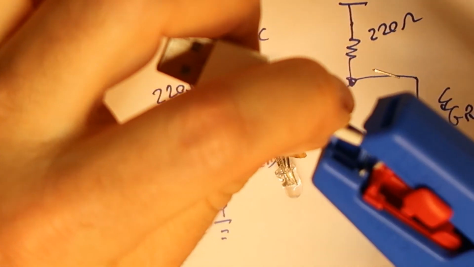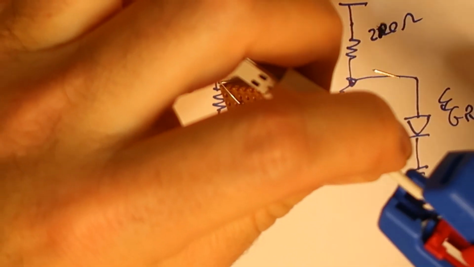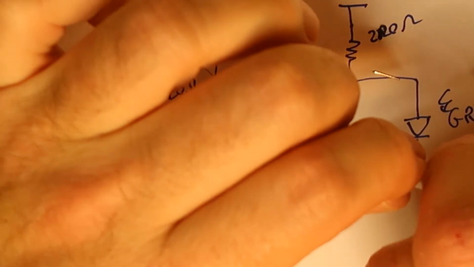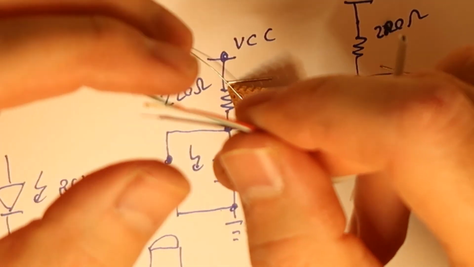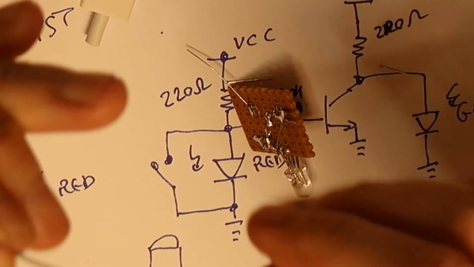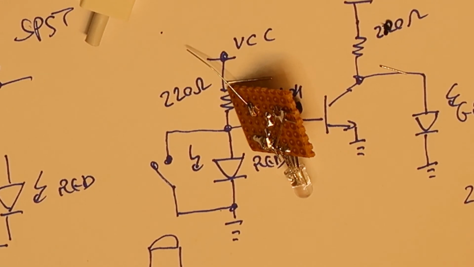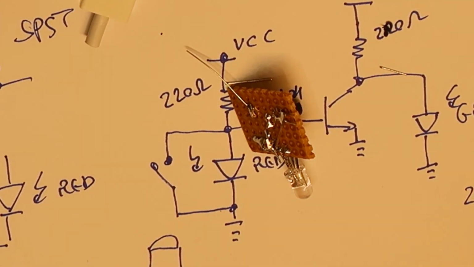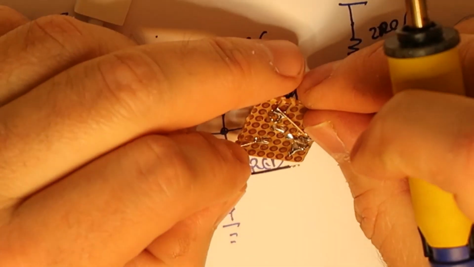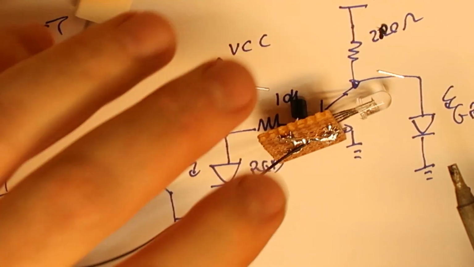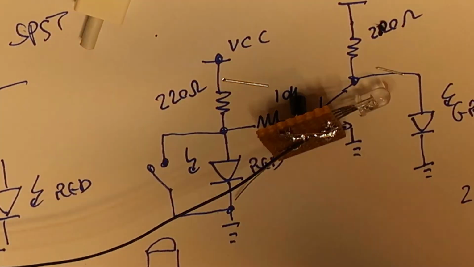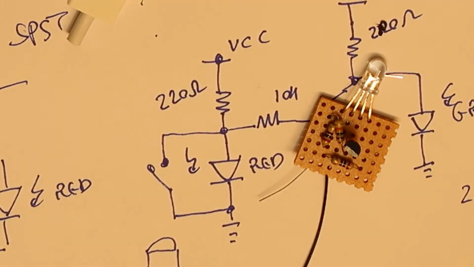I'm always using them from bad USB connectors because they have a very thin wire that is very helpful to use. Okay, so we have here a wire. Let's connect it as the ground. This will be the general ground of this project. Okay, so we have the ground and we have the VCC.